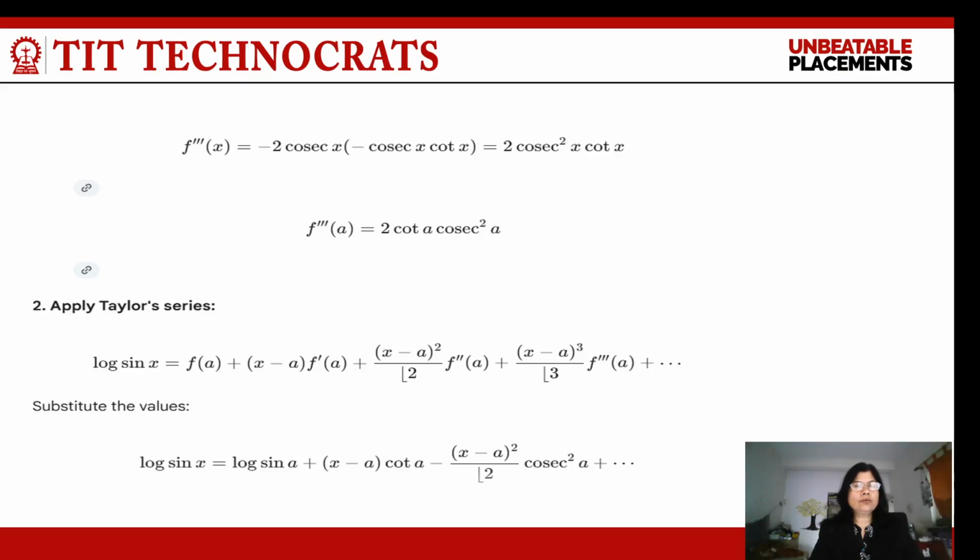Log sin x is equal to f of a plus x minus a f dash a plus x minus a whole square by factorial 2 f double dash a plus x minus a whole cube by factorial 3 f triple dash a plus so on. Now substituting the above values in Taylor's series, log sin x is equal to log sin a plus x minus a cot a minus x minus a whole square by factorial 2 cosec square a plus so on.